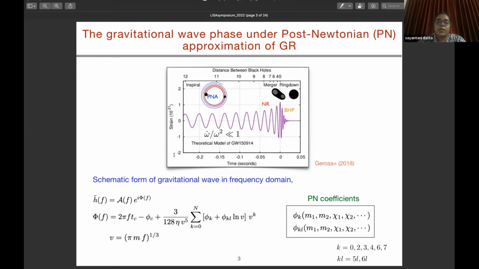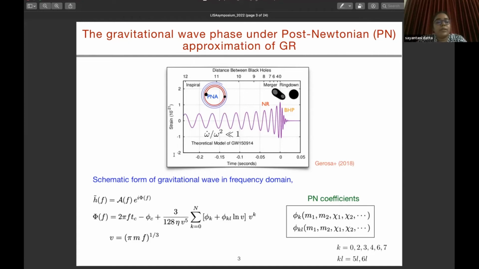In this plot, you see the different phases in the evolution of the binaries, starting from inspiral, when the binaries are far apart from each other, and inspiral due to gravitational radiation reaction. In this regime, the gravitational waves can be modeled using post-Newtonian approximation, and the schematic form is given in the first equation. And in the second equation, the basic structure of the phasing is given.